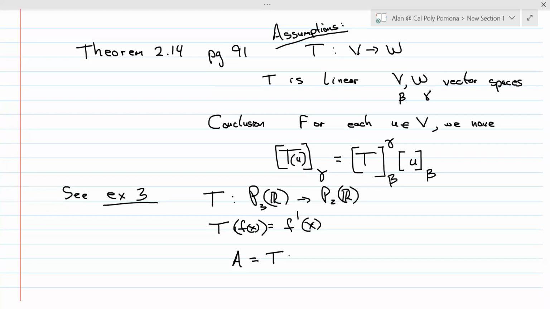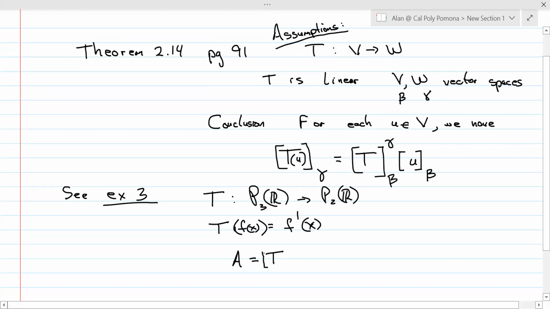Yeah, going from beta to gamma. They say we've done this before and it's equal to this: 0, 1, 0, 0; 0, 0, 2, 0; and what else? 0, 0, 0, 3.